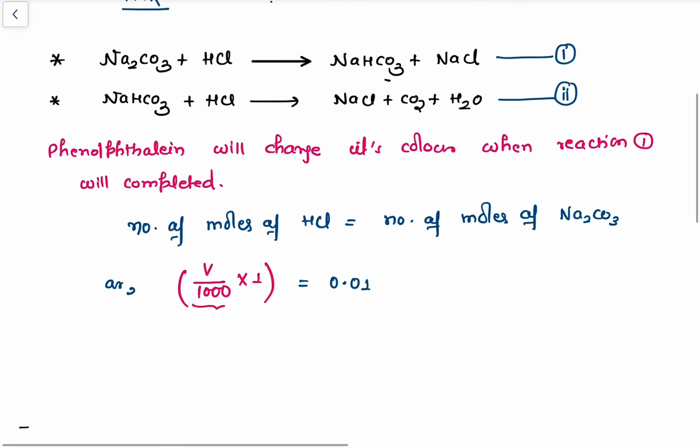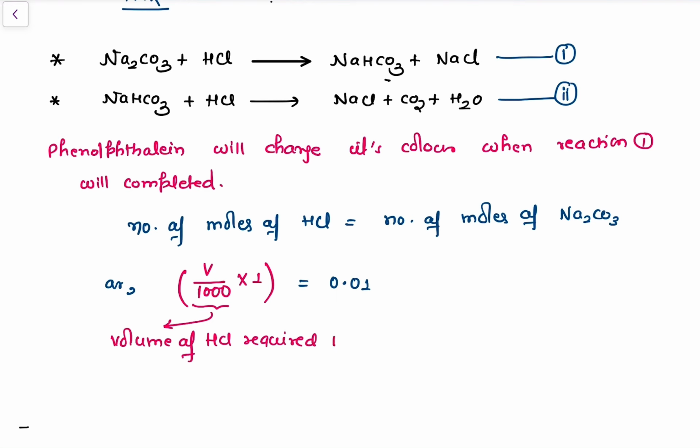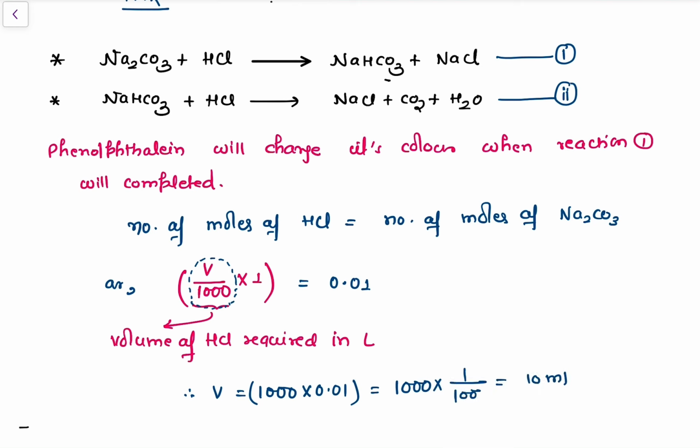Here V by 1000 is the volume of HCl required in liters, and V is the volume of HCl required in milliliters. So the volume of HCl required to change the color of the phenolphthalein from pink to colorless will be 1000 multiplied by 0.01, that is 1000 into 1 by 100, and that will be equal to 10 ml.